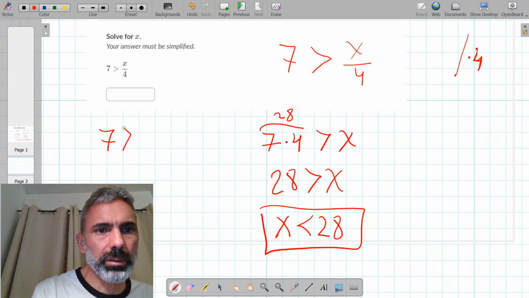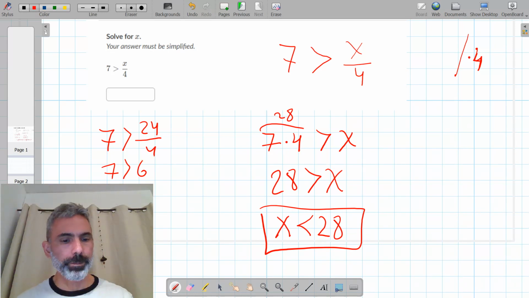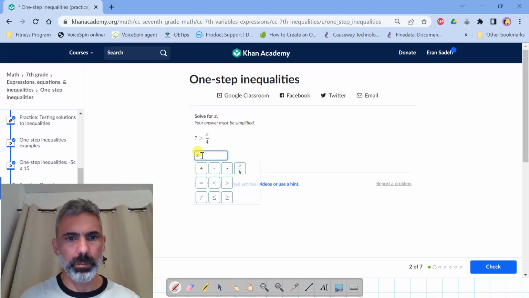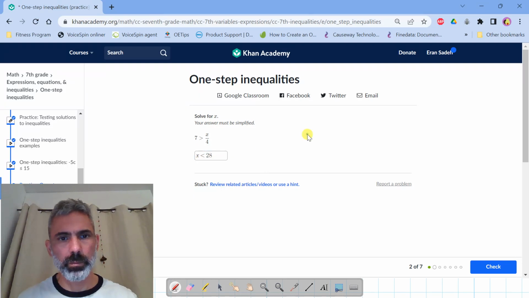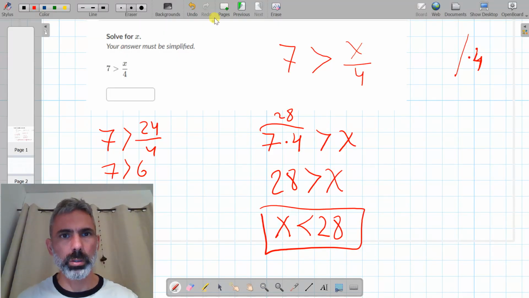So 7 is greater than 24 divided by 4. 24 divided by 4 is 6. 7 is greater than 6, so this is correct. X is less than 28. Next question.